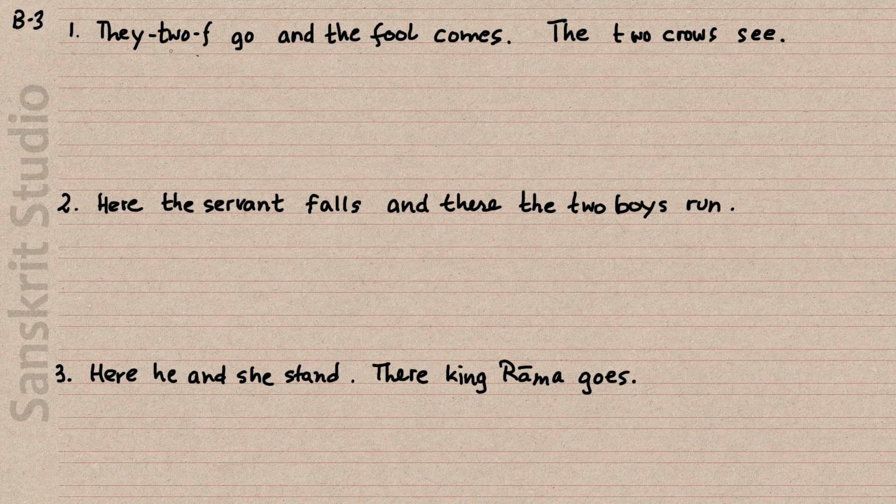We're talking about the feminine pronoun here, they two F. So when we are doing the English Sanskrit word order here, we are basically just copying this down. The hyphenation has already been done in the exercise itself, so there's not much to do about that.